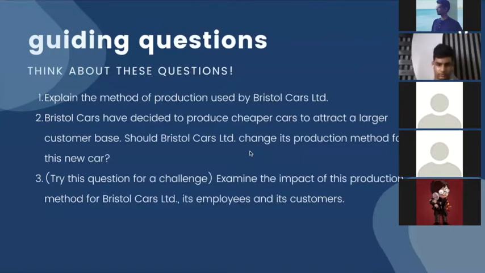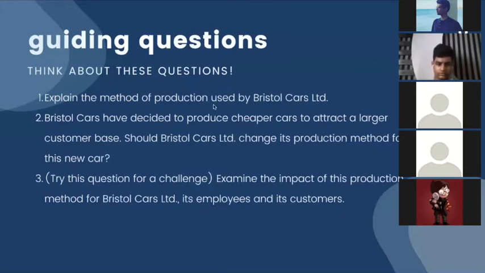Okay, Sayyam has said Bristol Cars should use or have been using mass production to increase production. Let's have a few more answers if we can. If not, I'll be discussing Sayyam's answer.